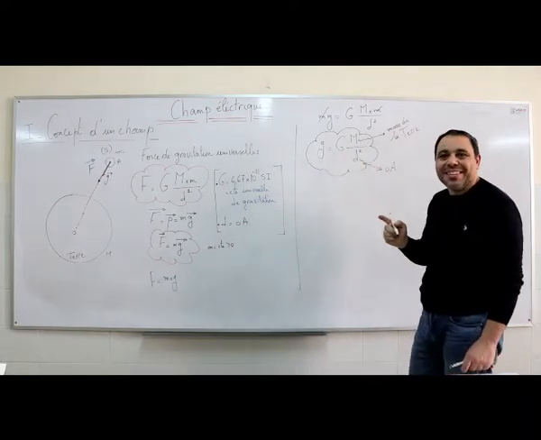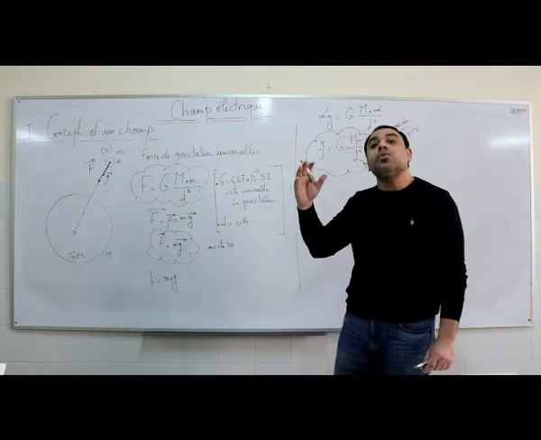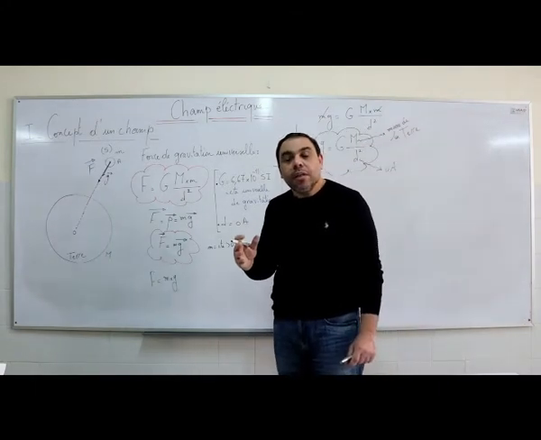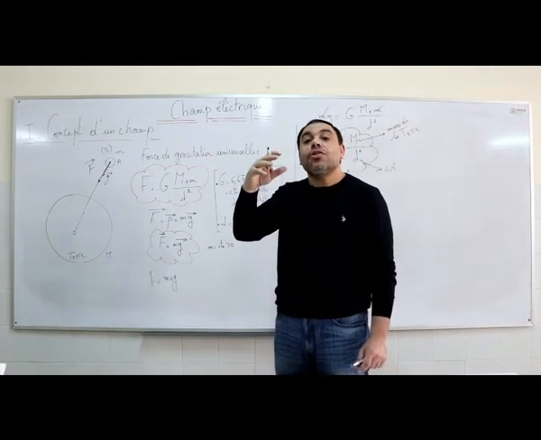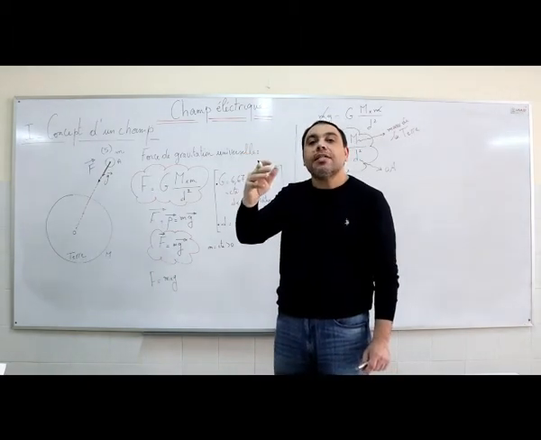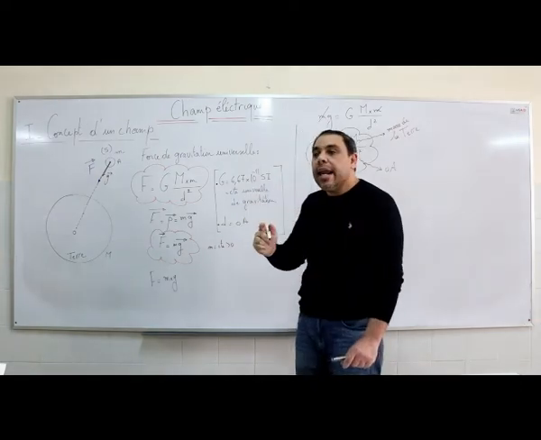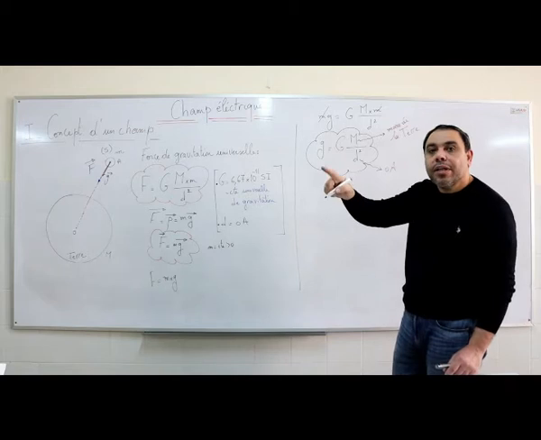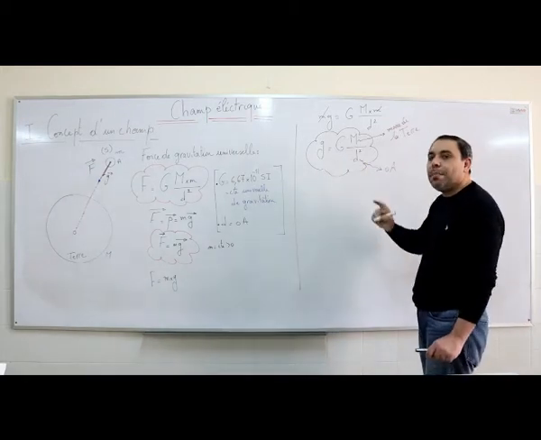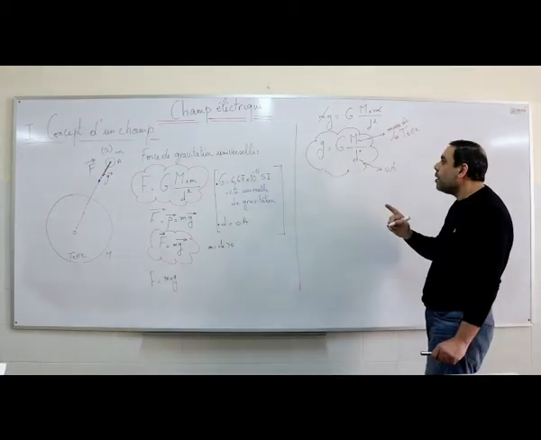The mass of the Earth is responsible for the gravitational field. The Earth attracts all objects, or it creates in its vicinity a field that is called the gravitational field. The value of this gravitational field at a certain point in its vicinity is given by the expression.